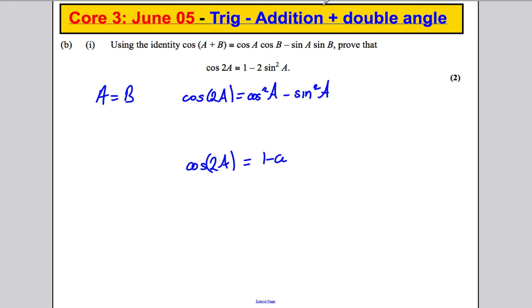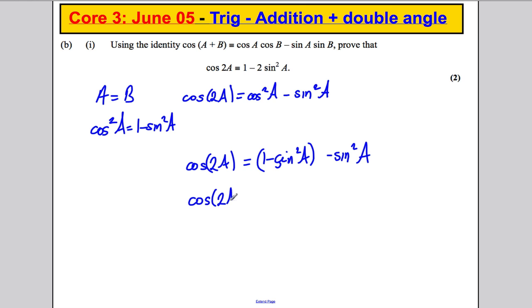I actually wanted the other version. I wanted to say that cos squared A is 1 minus sine squared A. So this would be 1 minus sine squared A subtract sine squared A. So cos of 2A is 1 subtract 2 sine squared A. Done.